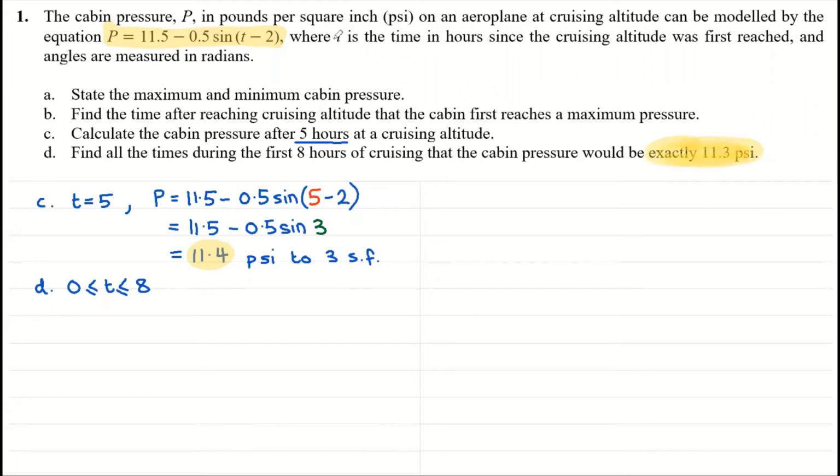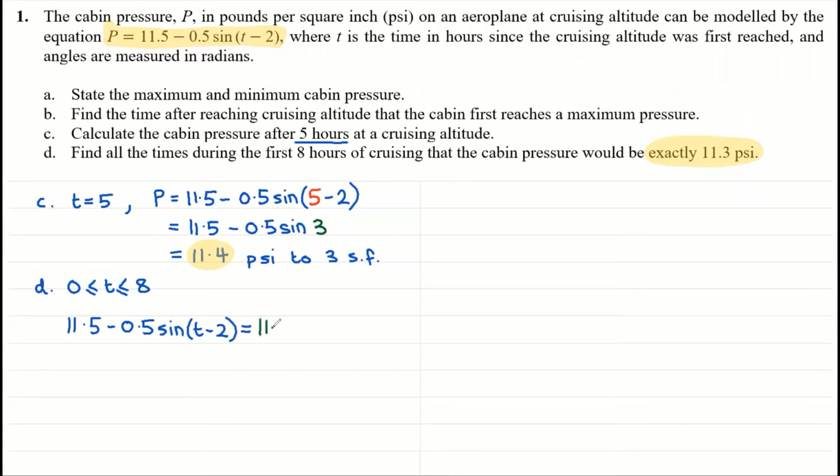So we set our equation equal to 11.3 and see what happens. So let's write it out. So we have 11.5 subtract 0.5 multiplied by the sine of t subtract 2. And when is that equal to?